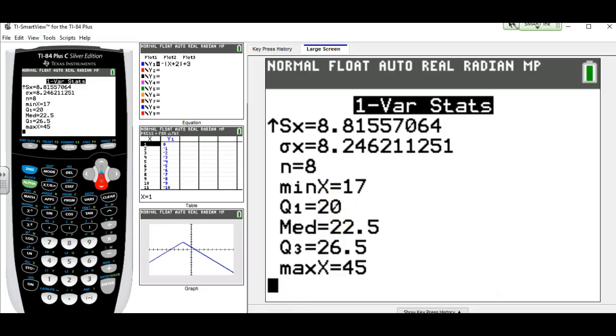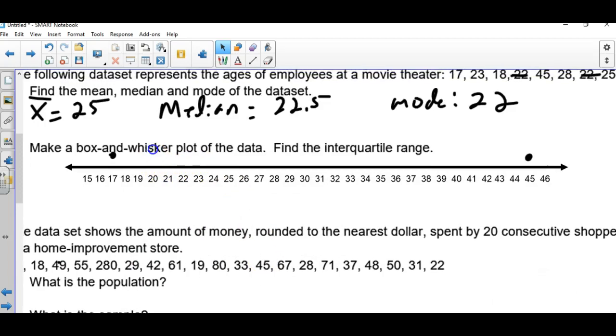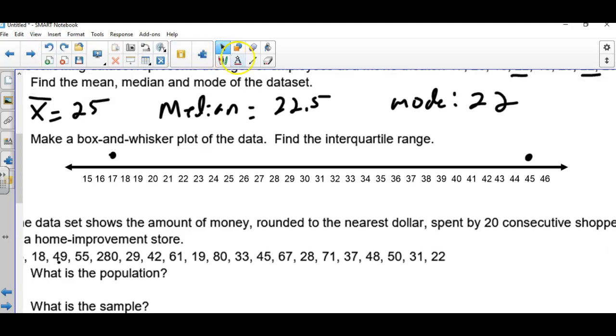Yes, 20 is our first quartile, so we have part of our box right here. 26.5 is our third quartile, and then we have our median at 22.5.